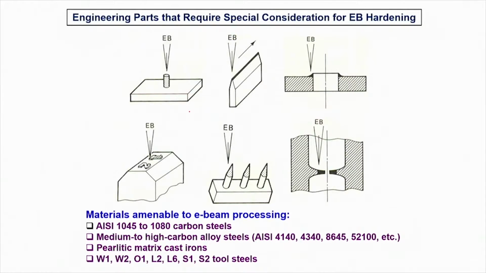So we can, for example, build components like this vertically. We can build a component like this, or we can irradiate only this part and not elsewhere. Similarly, we can irradiate or heat up only this part, or build a material at this sharp part of the shear blade and not the rest of it.